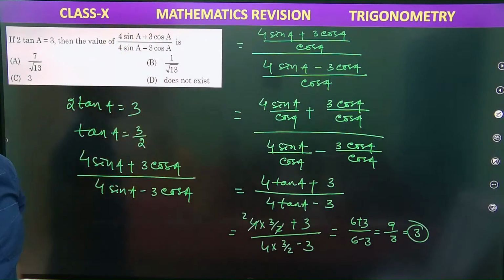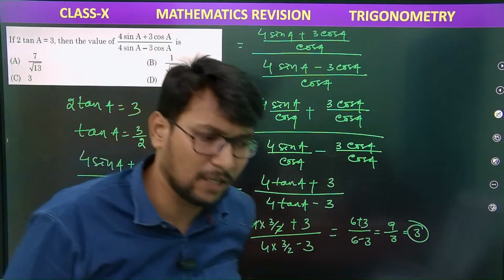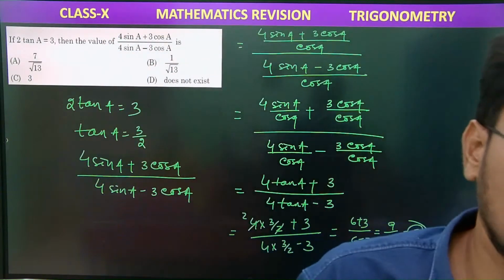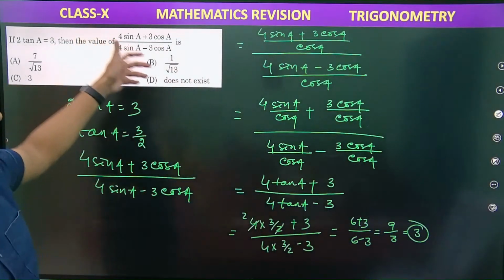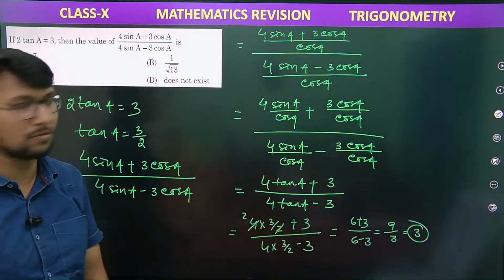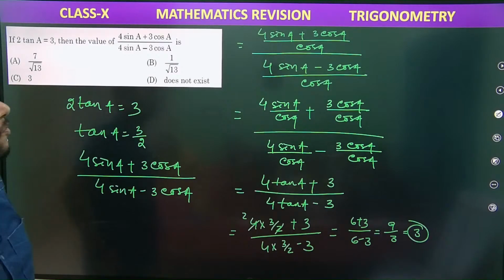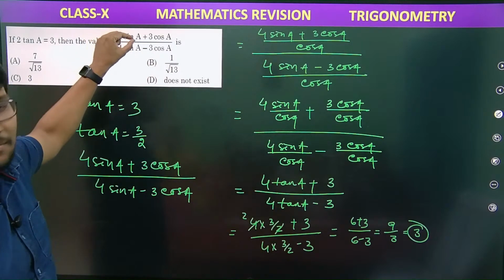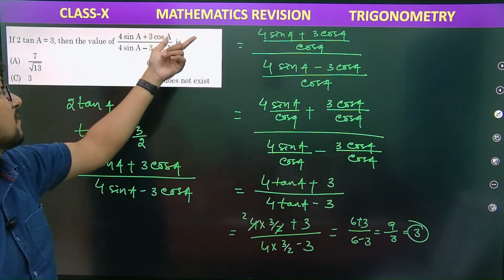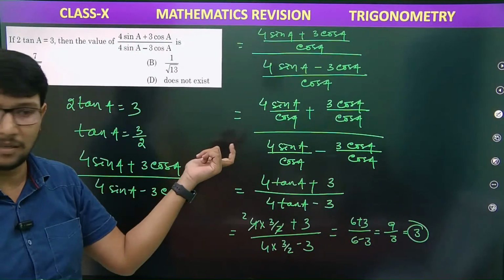Clear, everyone? Okay, if required, p by b also you can use, no matter. But whenever you know how to write sine in terms of tan, why don't you use it? Though it is an MCQ and we have explained here, you can directly write sin by cos as tan: 4 tan plus 3, since cos by cos is 1. Understood?